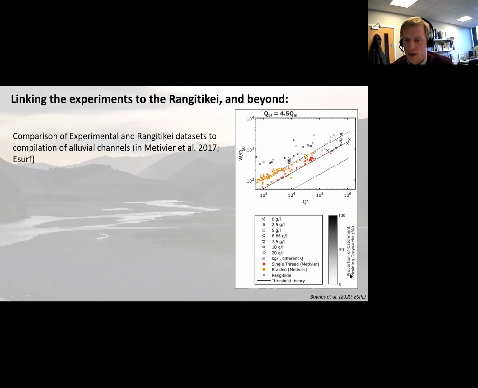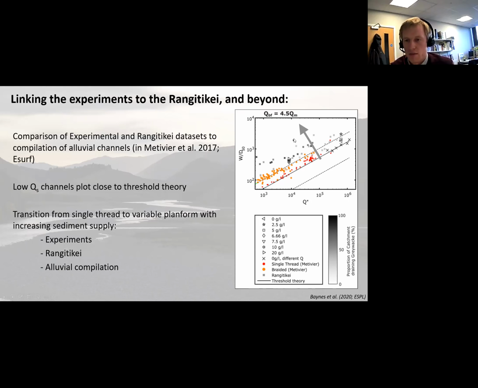Again, these are coloured by the proportion of the catchment draining greywacke, so these lighter points, which plot closer to the threshold theory, are the locations where there's a lower proportion of the catchment, a lower proxy of coarse bedload, while these points with the darker grey are the ones with the higher proportion draining greywacke.